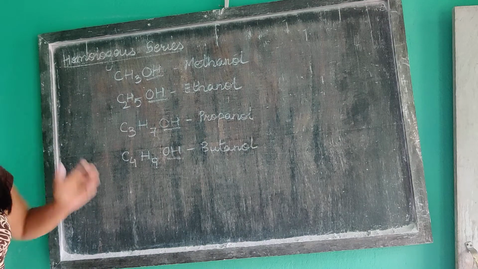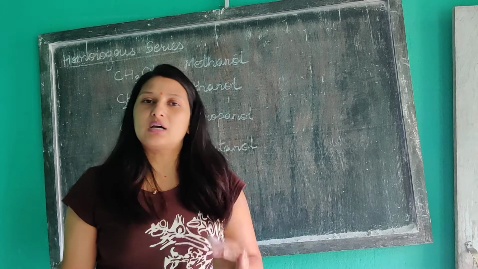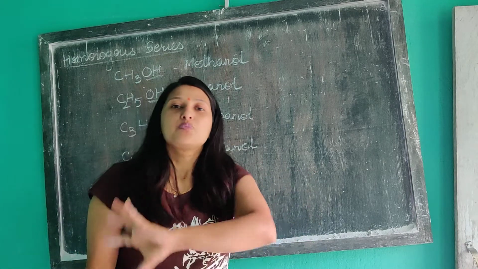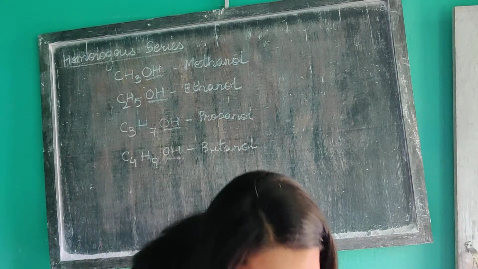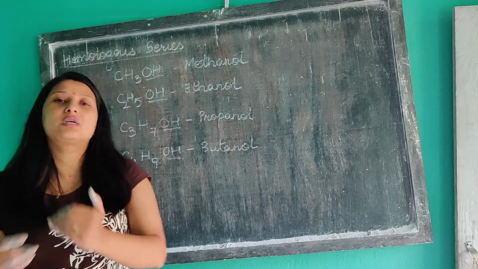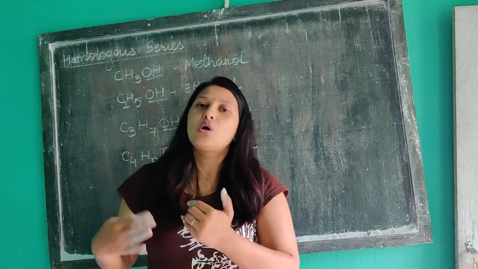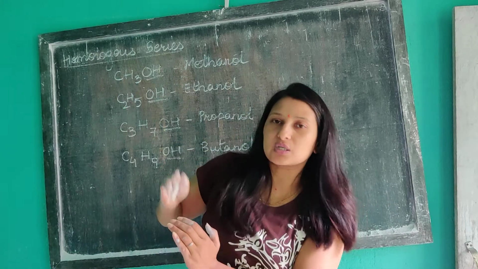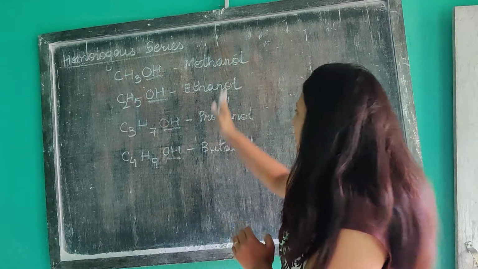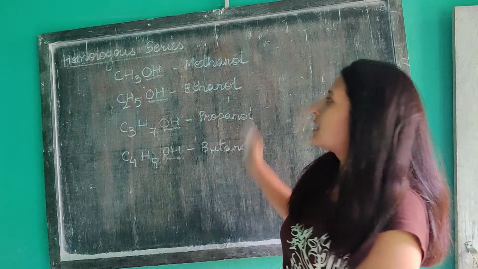Okay, so that is why, to simplify the study of all the organic compounds, all the organic compounds that have the same functional group are arranged in the order of their increasing molecular masses, and they are placed in the same family of organic compounds, and such a series in which the organic compounds are arranged in the order of increasing molecular masses is called homologous series.